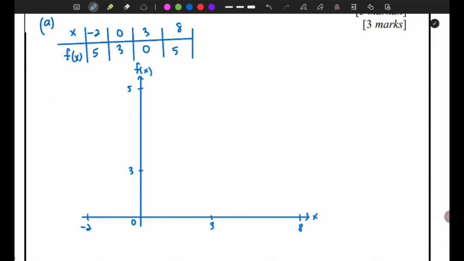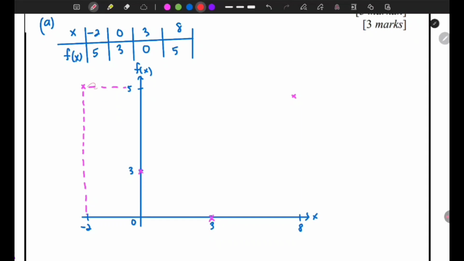So negative 2 and 5 maybe here. Seems like not a perfect line, but roughly. Your x is 0, fx is 3, it's here. And then your x is 3, fx is 0, and x is 8, it's somewhere here.